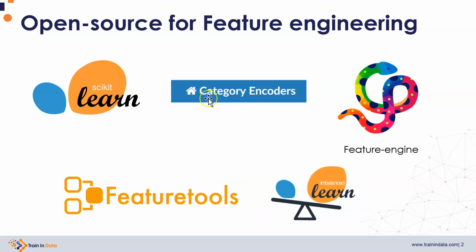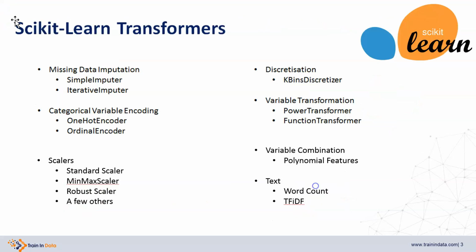Scikit-Learn, category encoders, and feature engine have exactly the same functionality, with the method fit to learn the parameters from the data, and then the method transform to perform the transformation. Feature tools is very useful for transaction data, but doesn't share this functionality, so we won't be discussing this any further. And imbalanced learn doesn't transform features individually, it resamples the dataset to try and tackle data imbalance.